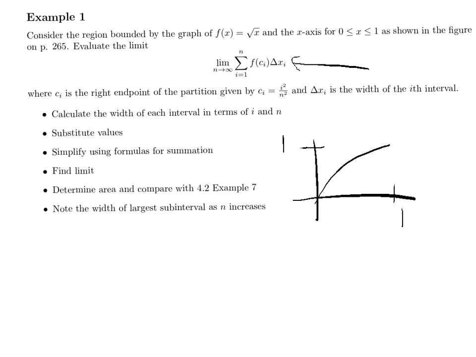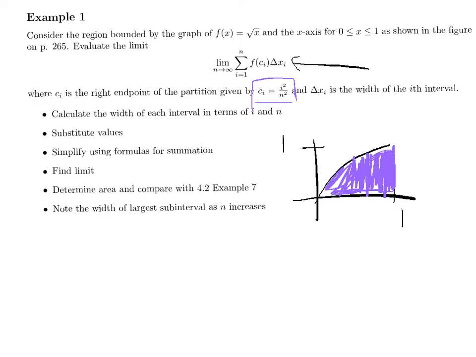Okay, so back to example 1. We've got square root of x drawn, and we're looking from 0 to 1. Let me draw in this area so you can see it clearly. This is what we're trying to find the area of. Instead of using a regular set of intervals, we are going to call each right endpoint c sub i equals i squared over n squared.